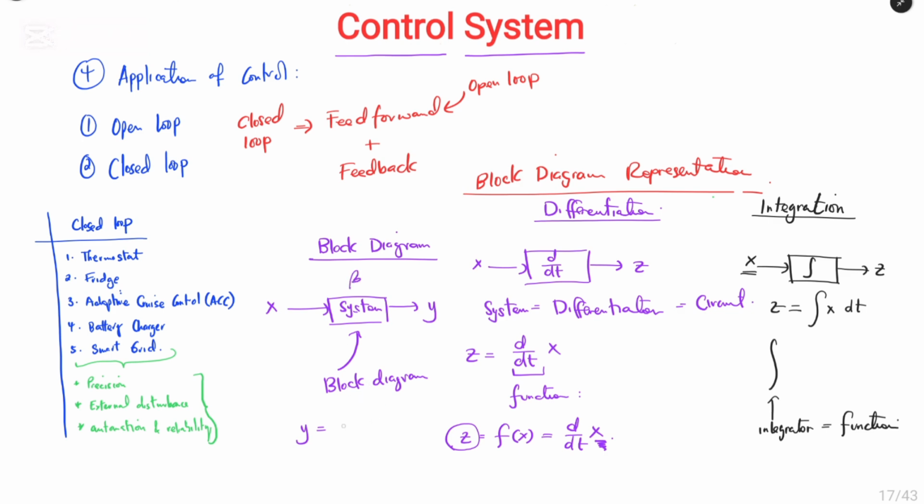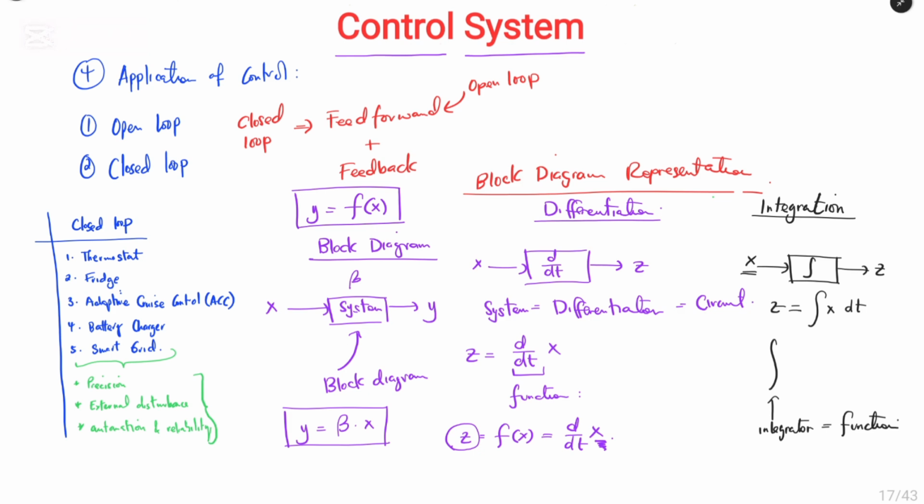We can say y equals beta times the input x. This is a very simple way of representing a system. Or we can say the output y equals the function of x, and the function is the operation that is done on the input signal x.